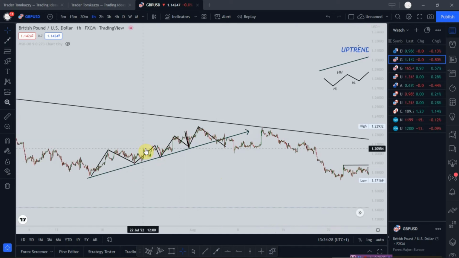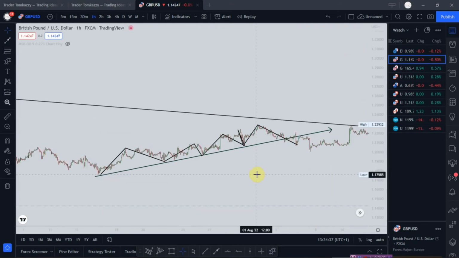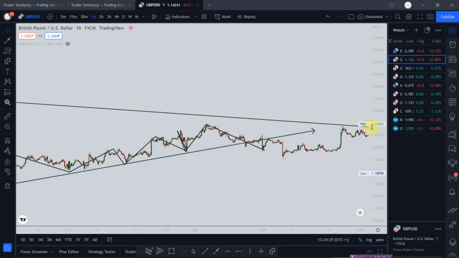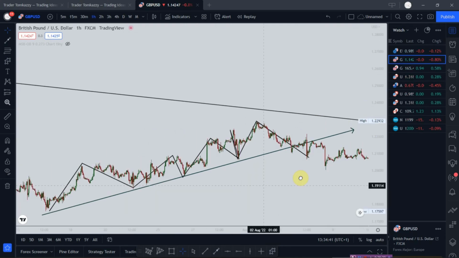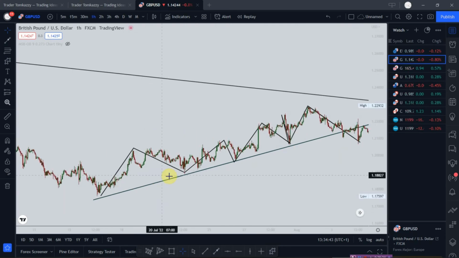Now you can see that I did not mark some because they are of equal height. They never took or broke the previous high, therefore they are not higher highs. Now if I zoom in, you can see that this one is not a higher low because its high couldn't break the previous high.